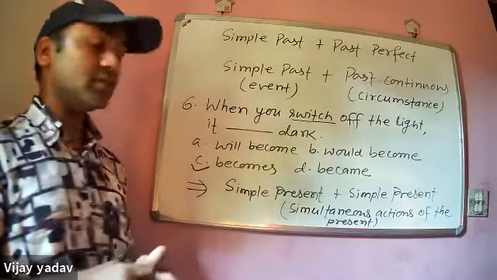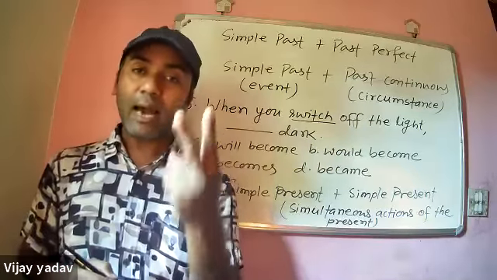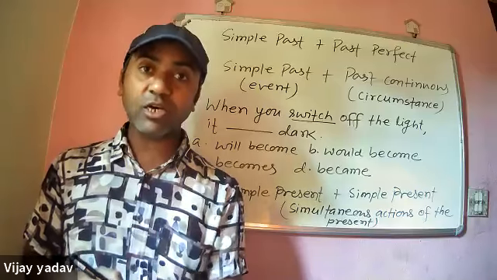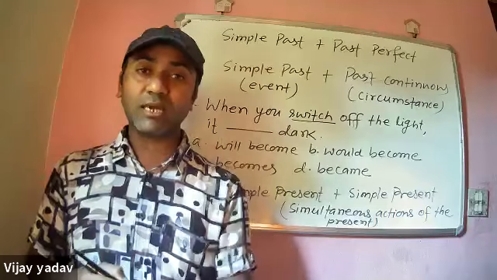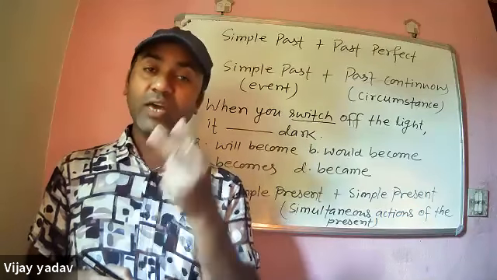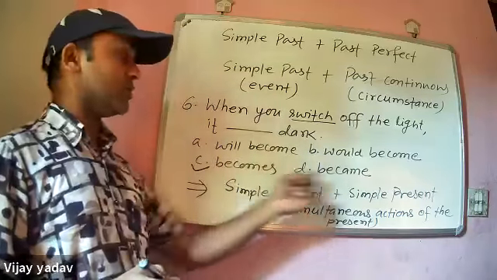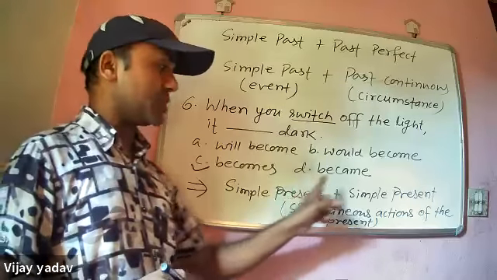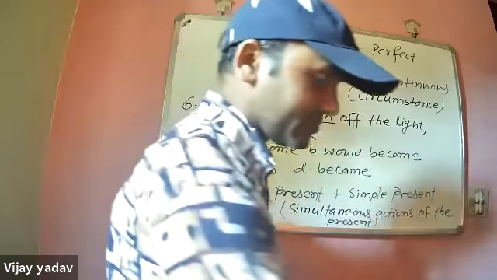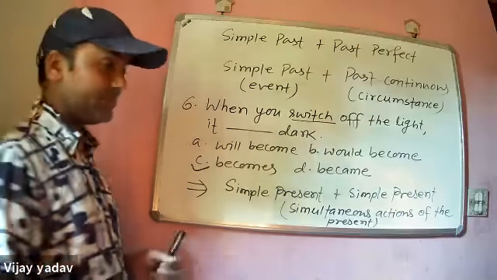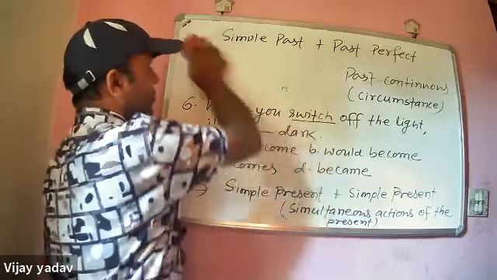Write down: if two actions happen at the same time in the present, then for both we use simple present tense. That's why simple present plus simple present. Did you understand? Yes? Are you following?